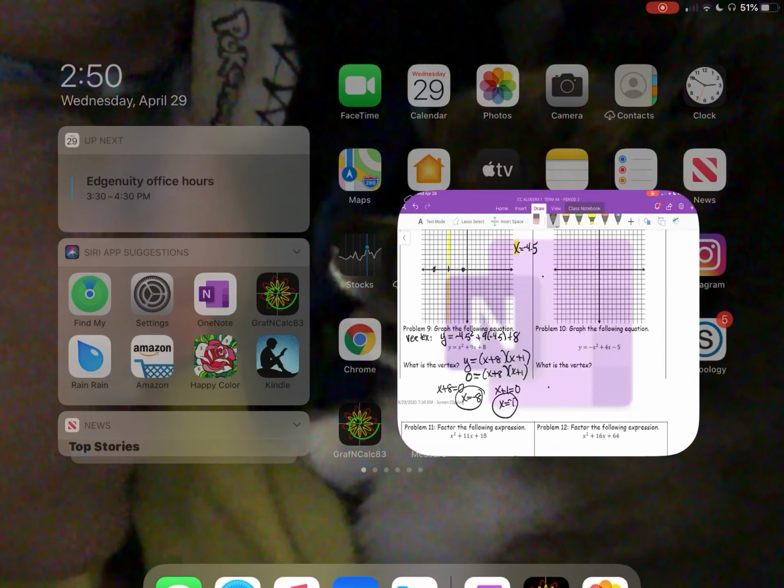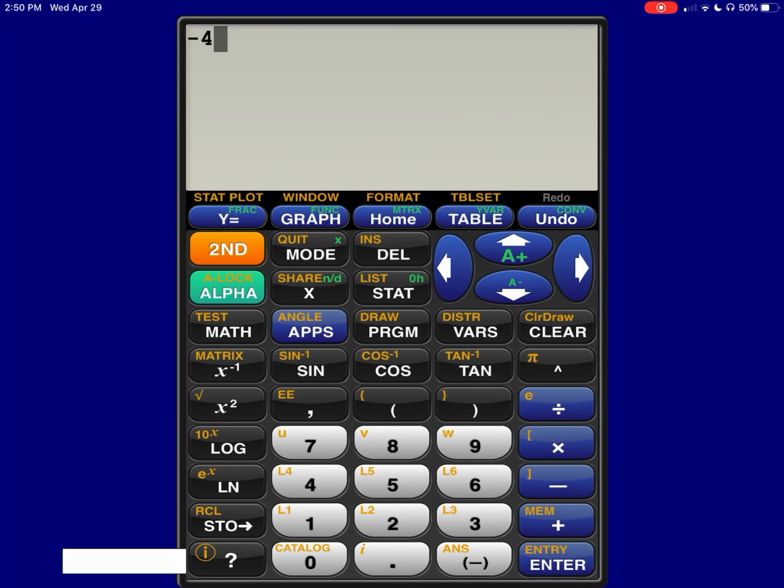So let's put it in our calculator. Negative 4.5 squared plus 9 times negative 4.5 plus 8. And we get, okay, so what happened here? So let's try that again.